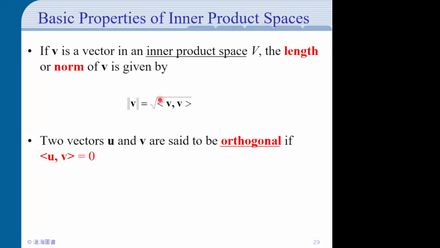Length is something positive, and the inner product of a vector with itself is positive, so we take the square root, which is still positive, and we call it the length of the vector. And now we go back to the orthogonality we've been talking about. Two vectors are orthogonal, we define, when their inner product is 0.